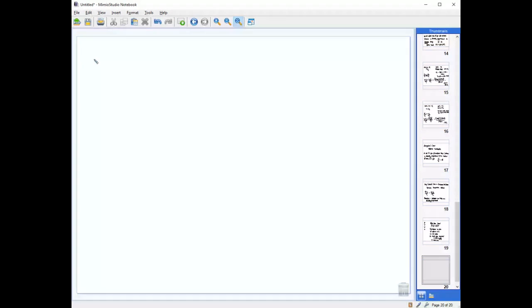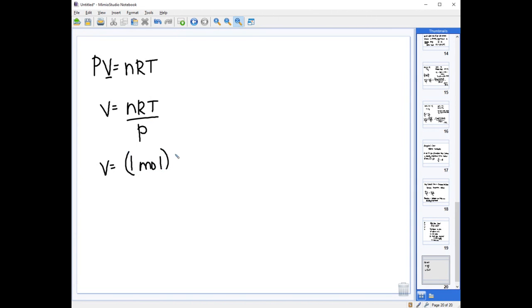So if we take our equation and rearrange it to solve for volume, and we have 1 mole of an ideal gas at 1 atmosphere and 0 degrees Celsius, so we're at standard temperature and pressure, and we have 1 mole of our gas.